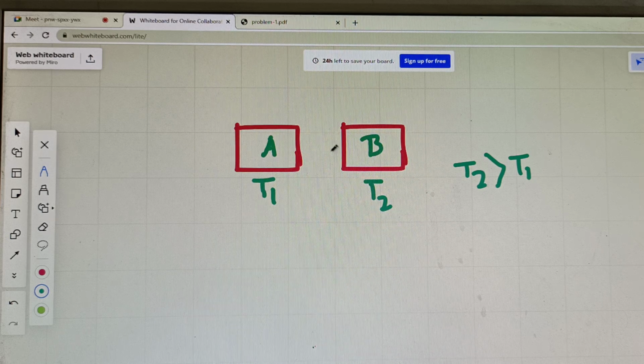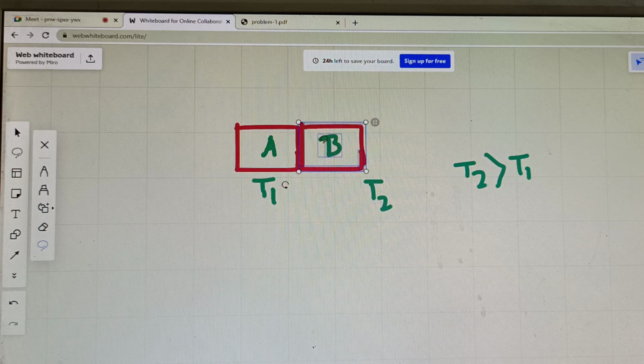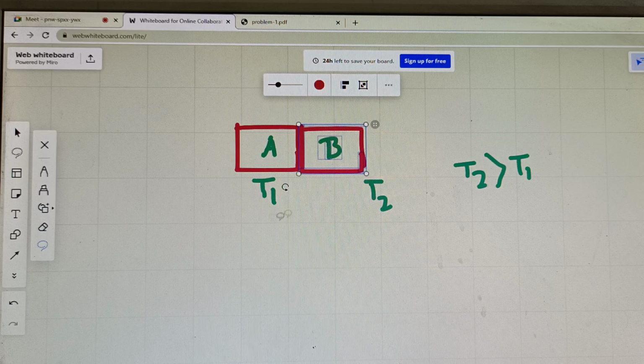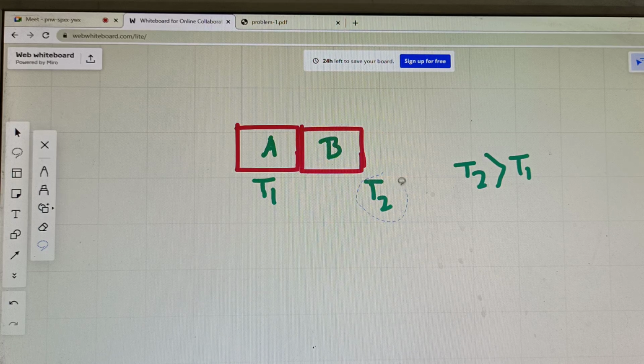So when these two blocks are allowed to contact with each other, suppose this block is connected to this block, then what happens? The system attains thermal equilibrium.